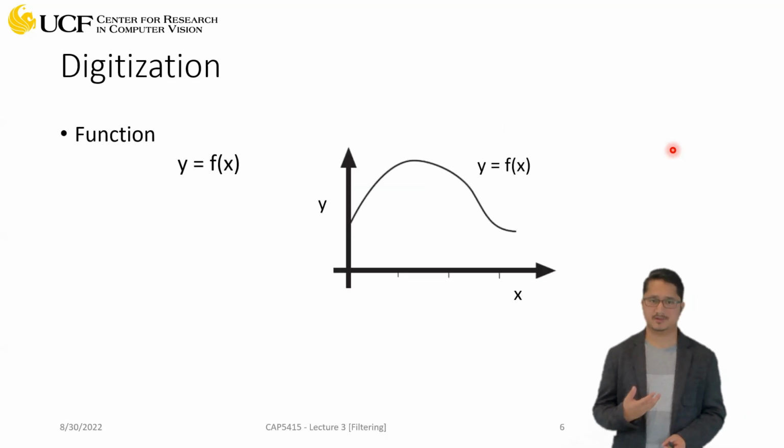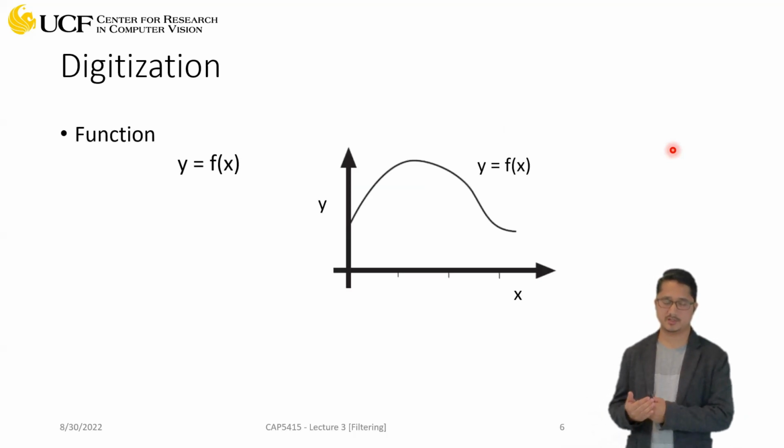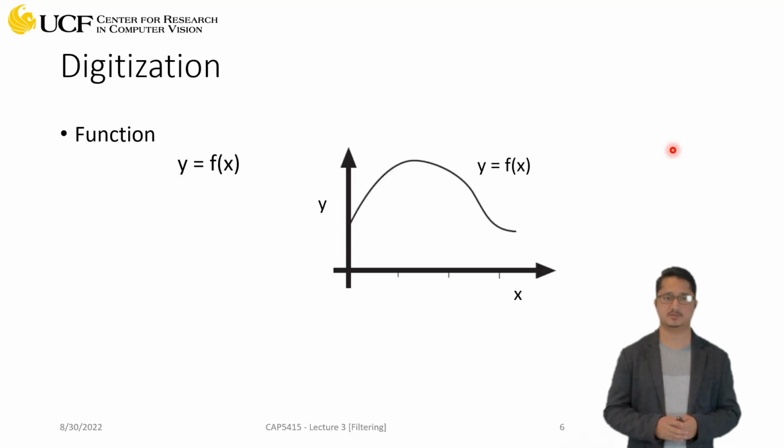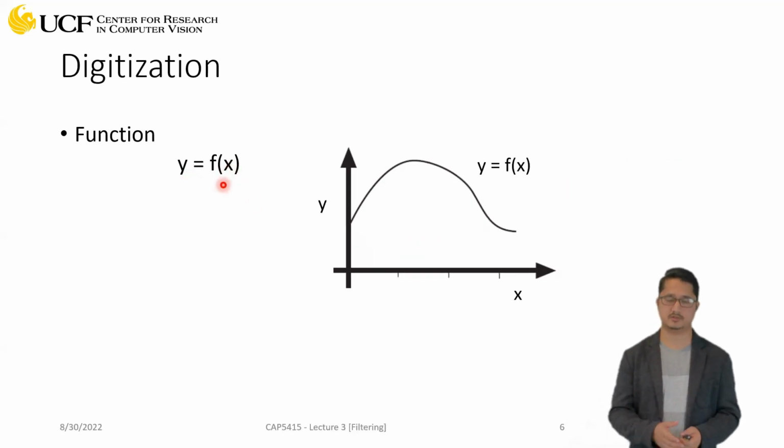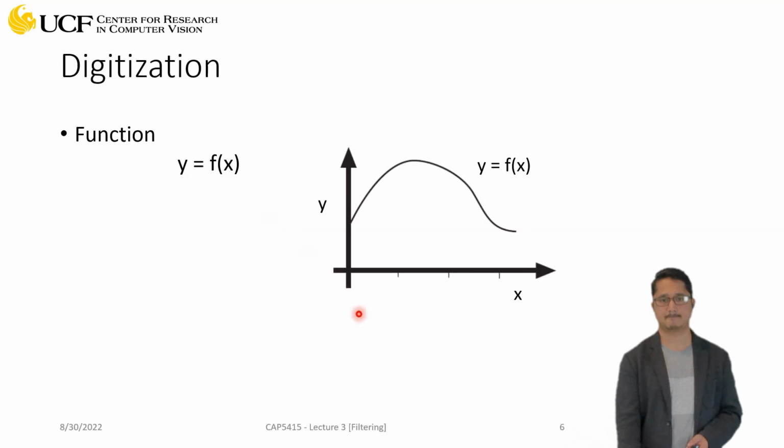First of all, let's try to understand this image digitization in a very simple one-dimensional space. For example, we have a function f, which takes x as input, and it produces y. So it's a very simple one-dimensional function. Later we will see how we can represent images as functions, but let's start with this simple case. If you describe this function in this two-dimensional coordinate space, let's say this curve represents this function.